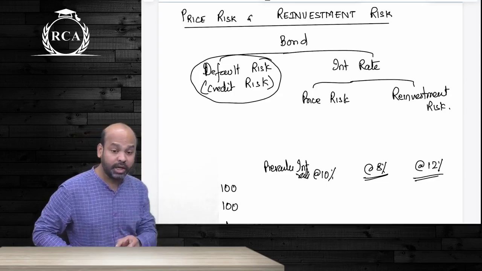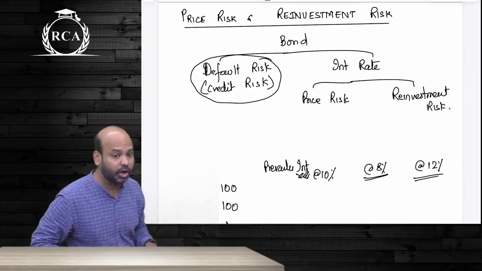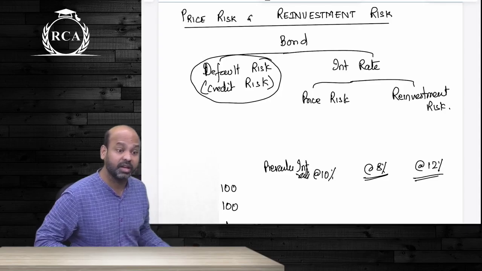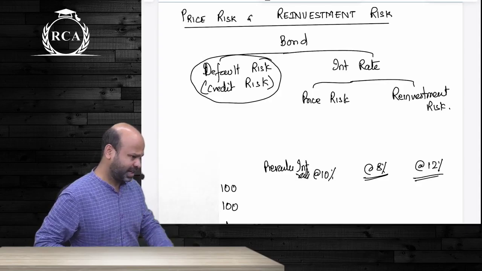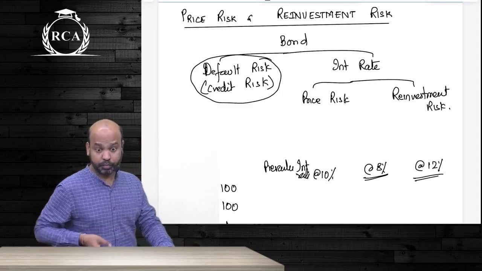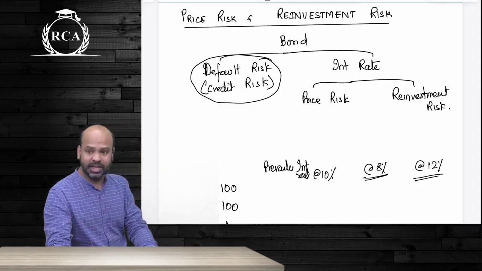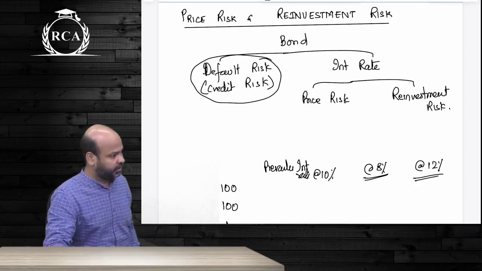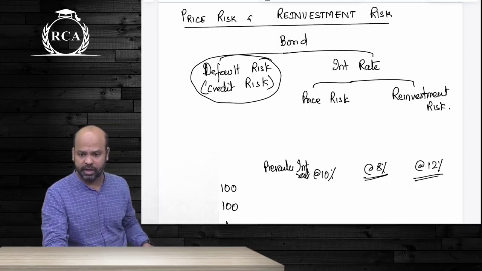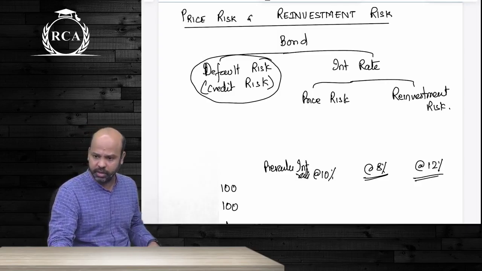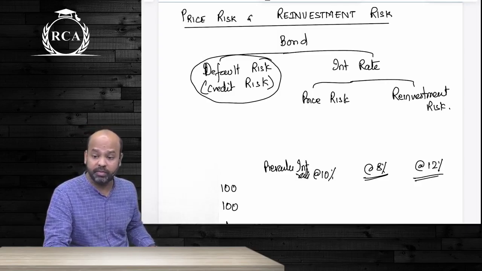If you are not able to reinvest at IRR, you will not be able to effectively realize that return. So if your YTM is 9%, you will be able to generate 9% if and only if all the reinvestments, guys, are made at 9%. If reinvestments are not made at 9%, your effective return will not be equal to 9%. This is your reinvestment risk.